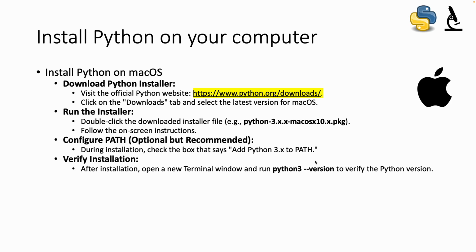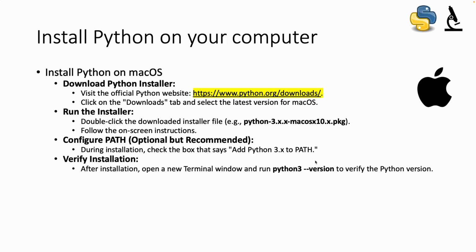And finally, verify the installation by checking the version. So this is just one approach to install Python. You can also do it by other approaches, but this I think is the most beginner-friendly one.